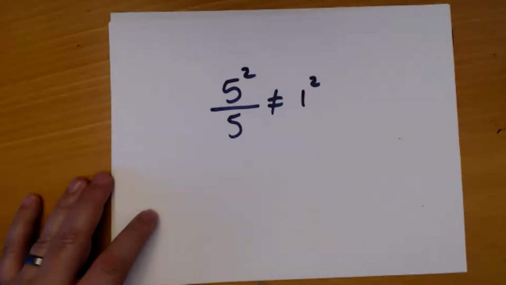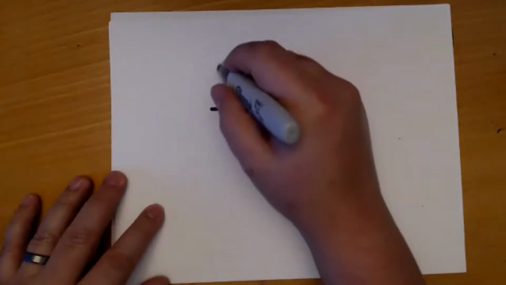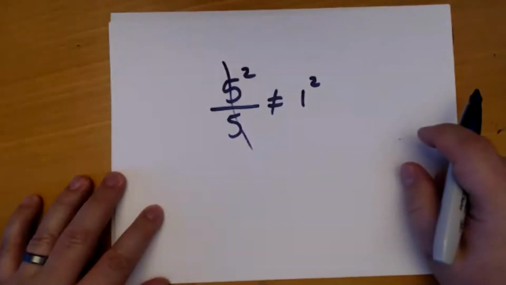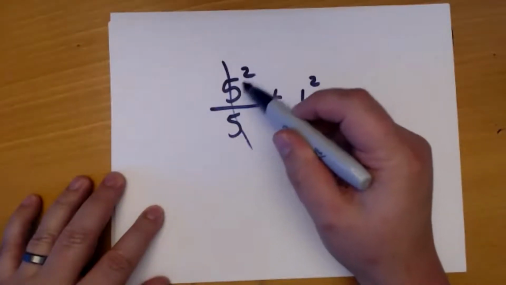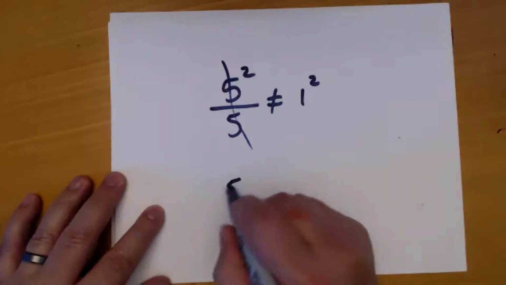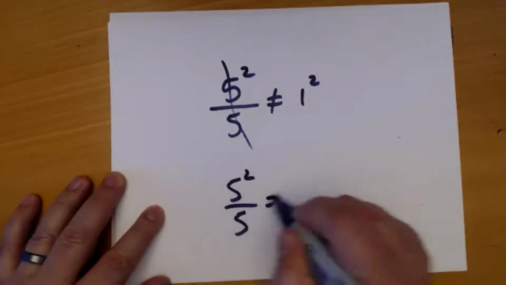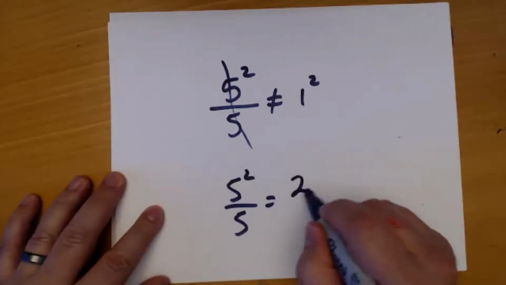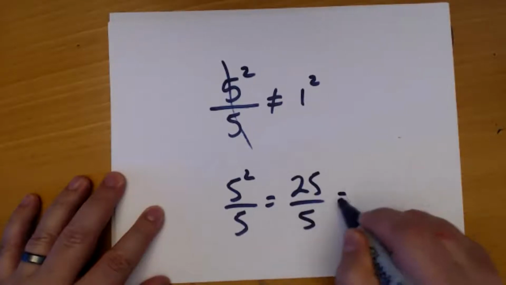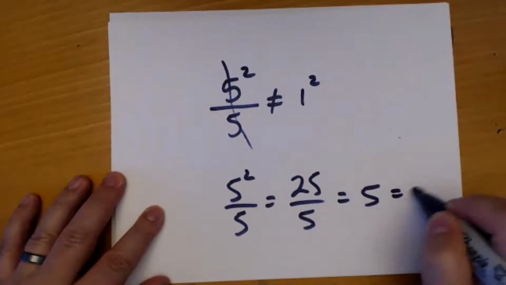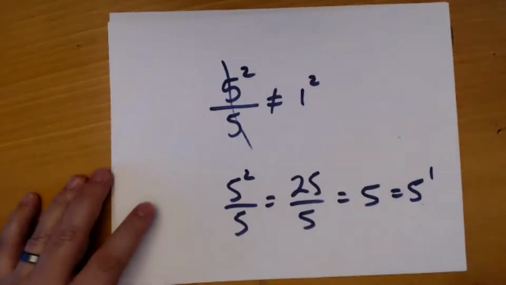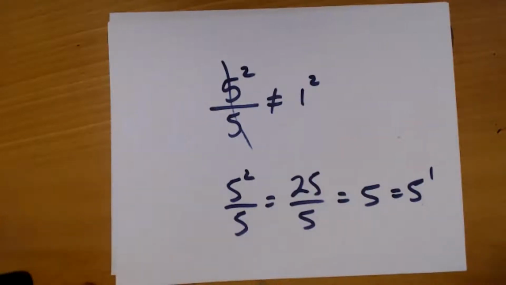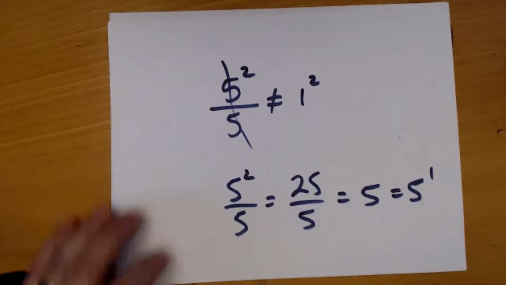See what I mean? I can't cancel those out. Doesn't work. Because the order of operations tells me I have to do this operation first. So 5 squared over 5 first has to become 25, and then it can be reduced to 5, which is 5 to the first. And really all you're doing is subtracting an exponent at that point. So those are your exponent rules. Okay. Cool.